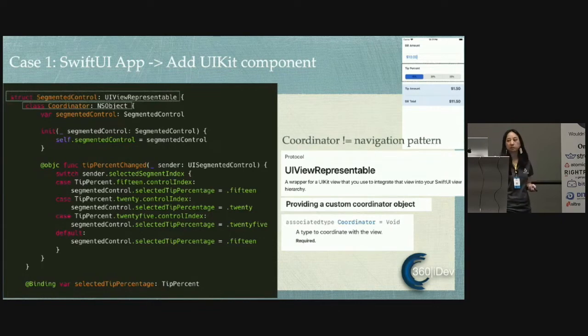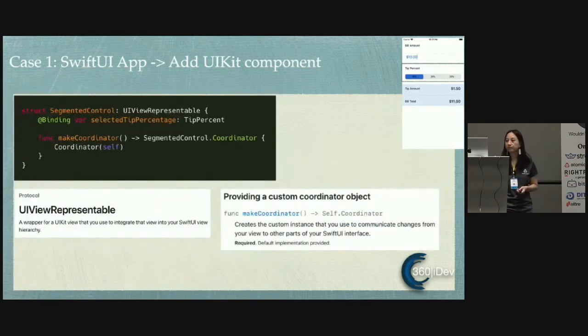And once the app has been informed of changes to selected tip percentage, then whatever views are listening for those changes can update themselves. And here we implement the makeCoordinator function of the UIViewRepresentable protocol to make a coordinator available for the segmented control. And of course, once the coordinator is available, then the coordinator can implement the missing UIKit pattern we need for our segmented control.